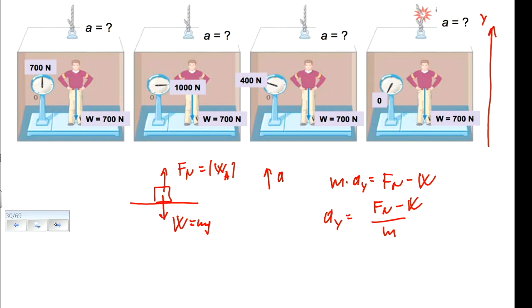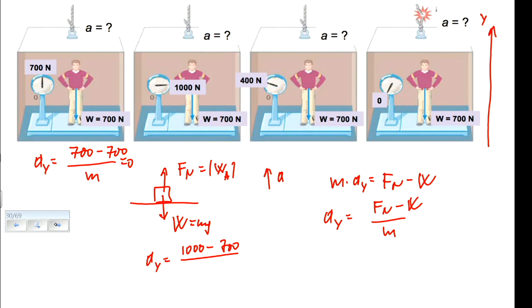What do we have here? Ay should be equal to 700 minus 700 divided by m, 0. So maybe the guy is at rest, maybe he is moving, but if he moves, the velocity is constant. Here, ay equals 1000 minus 700 divided by, well, do you know the mass of the guy?